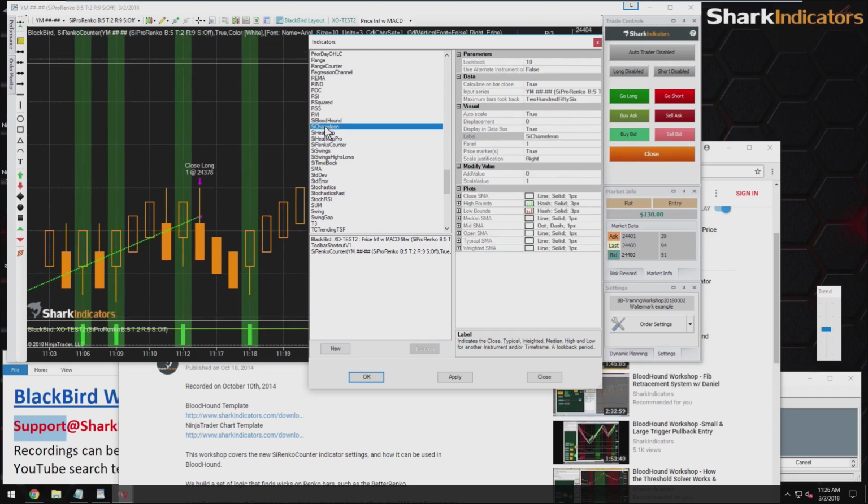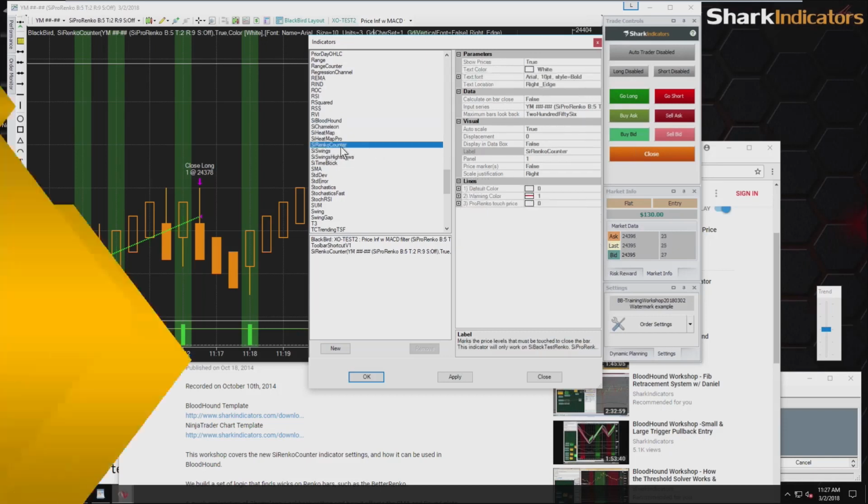And Chameleon is also included, even though we really don't use Chameleon anymore, because Chameleon's functionality is all built into BloodHound. But we had to keep it there for old BloodHound templates that did use Chameleon, just for the sake of old systems. All right, so there we go, the renko counter.